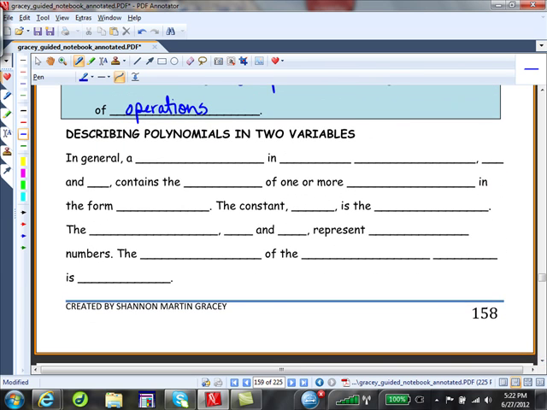In general, a polynomial in two variables, x and y, contains the sum of one or more monomials. In the form, some constant a times x to the n times y to the m.